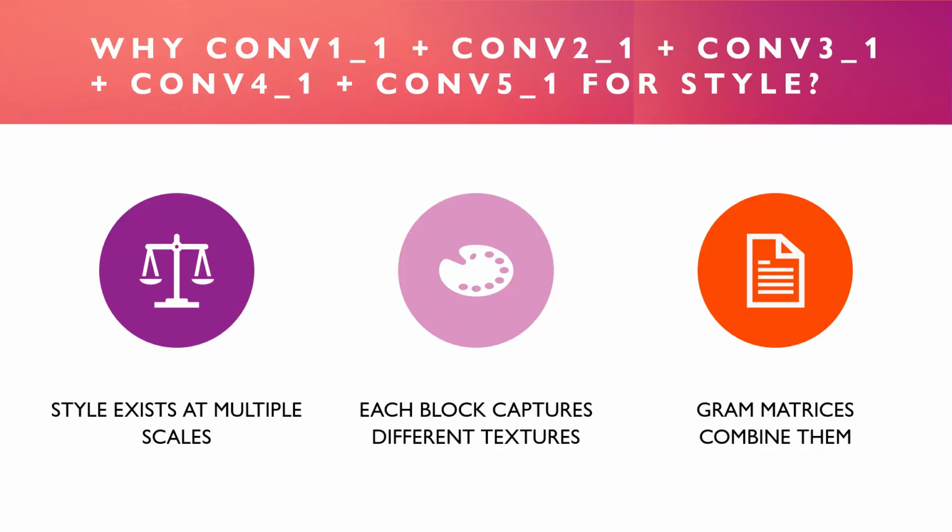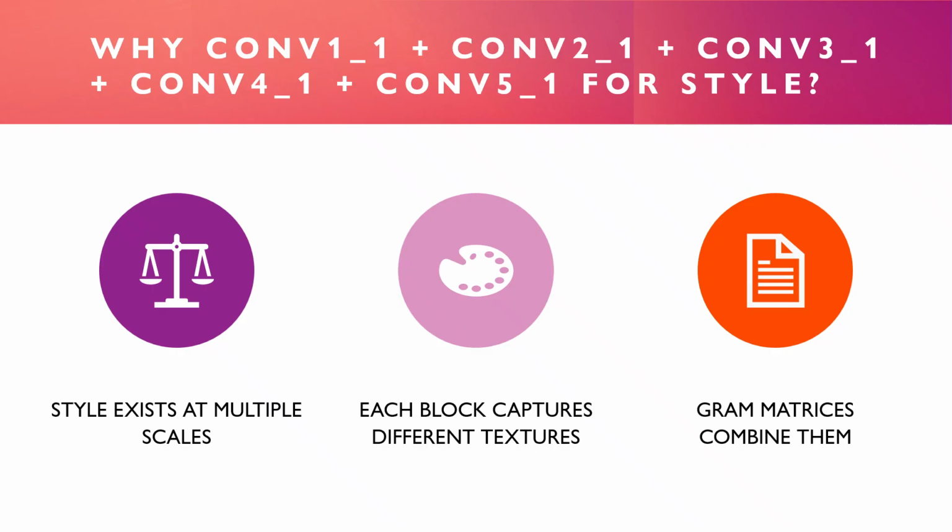Style is not just edges. Style includes texture, brushstrokes, and color structure at multiple scales. If we only use the earliest layer like layer 1-1, we only capture tiny details. If we only use deeper layers, we lose the texture pattern.